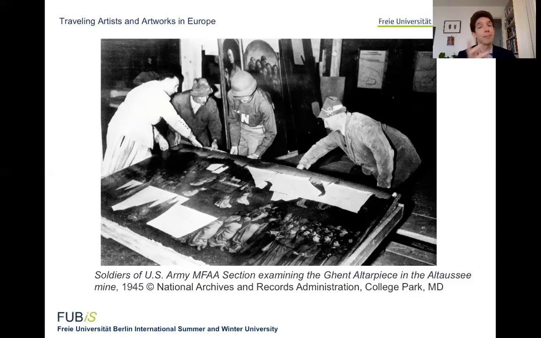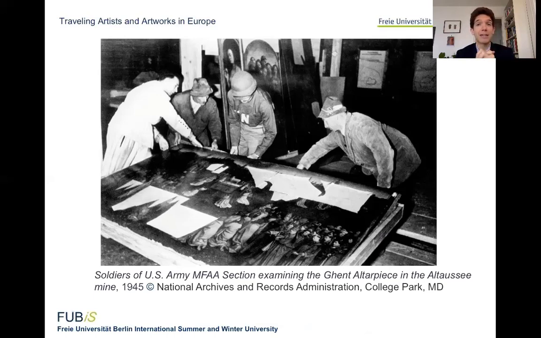So for some decades during the 19th century, the Ghent Altarpiece was to be found in Berlin, in the Gemäldegalerie, not in the place, of course, where we see the Gemäldegalerie today, but in the Royal Palace in the center of Berlin. But, you know, history is very complex. And so in the second half of the 19th century, the King of the Netherlands managed to have the Ghent Altarpiece back to Ghent.